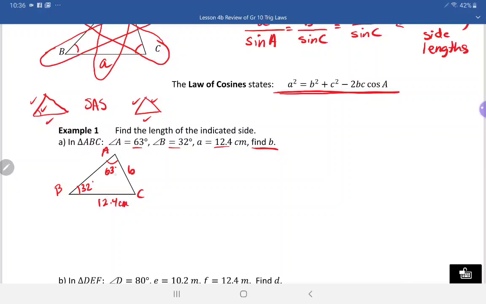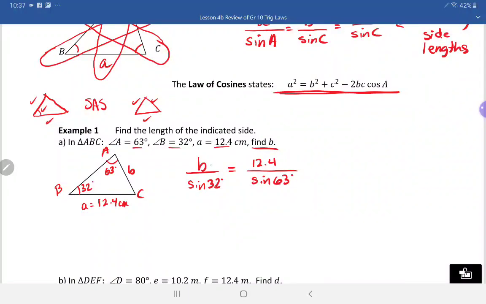So when we set that up, we can see that I actually do have a complete pair of A. I know angle A and I know side A that corresponds to it. And because I know angle B, I'm going to be able to use that to solve for side b. So we're going to set it up with lowercases on top. So b over the sine of 32 is equal to 12.4 on the top, over the sine of 63 degrees.